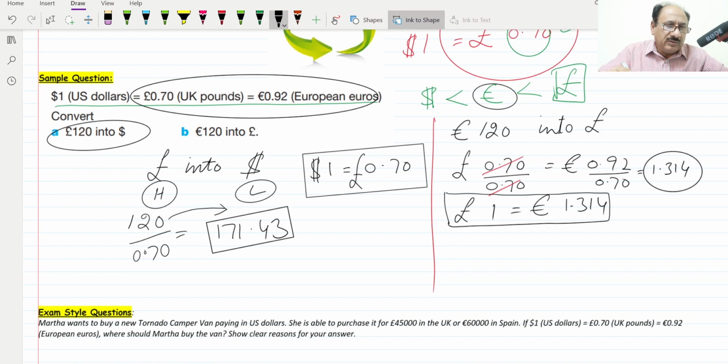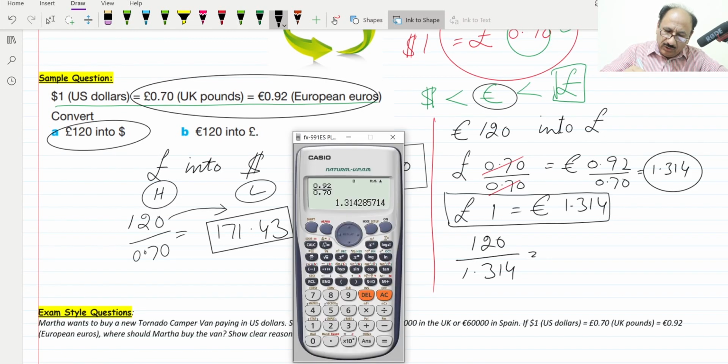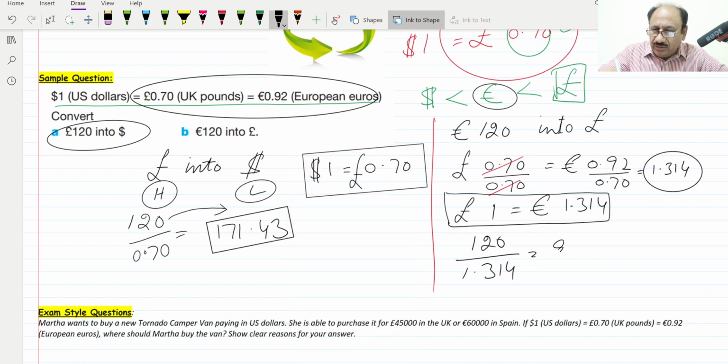So 120 divided by 1.314 is equal to 91.32, and this will be the pounds. If we multiply, we will get more pounds, which is illogical. I'm not doing that one.